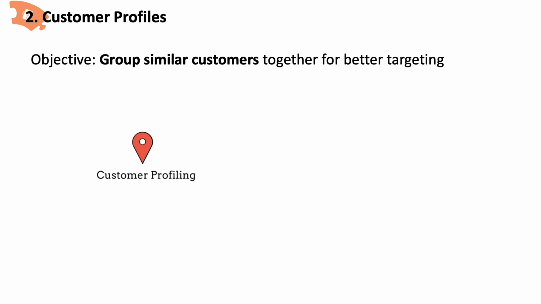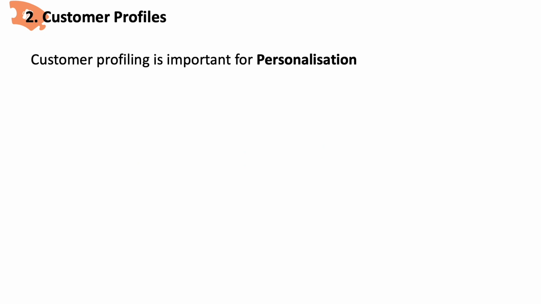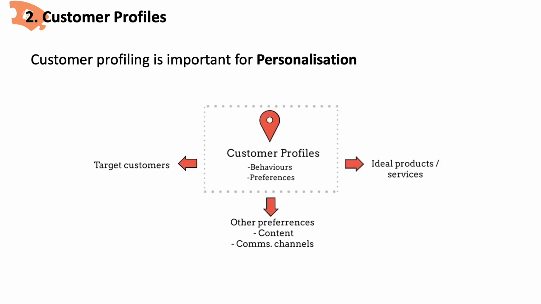The outcome of the customer profiling process is customer personas, which are representations of the main traits or attributes observable from various groups of similar customers. Customer profiling supports personalization and guides a business on how to target customers, based on their preferred content, products or services and channels of communication.